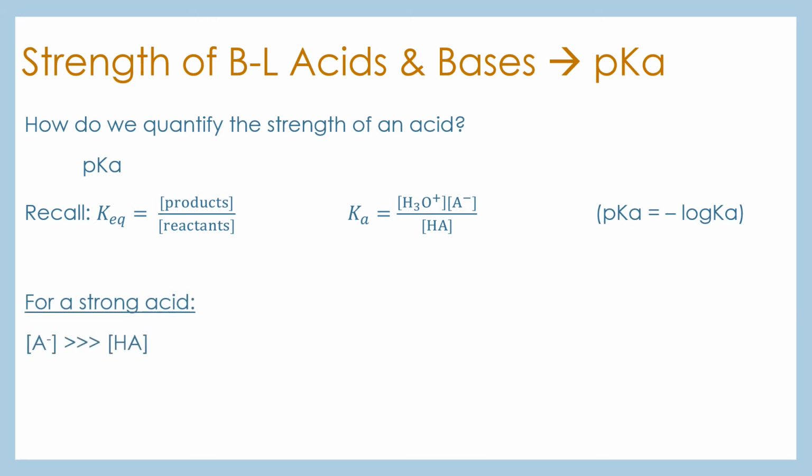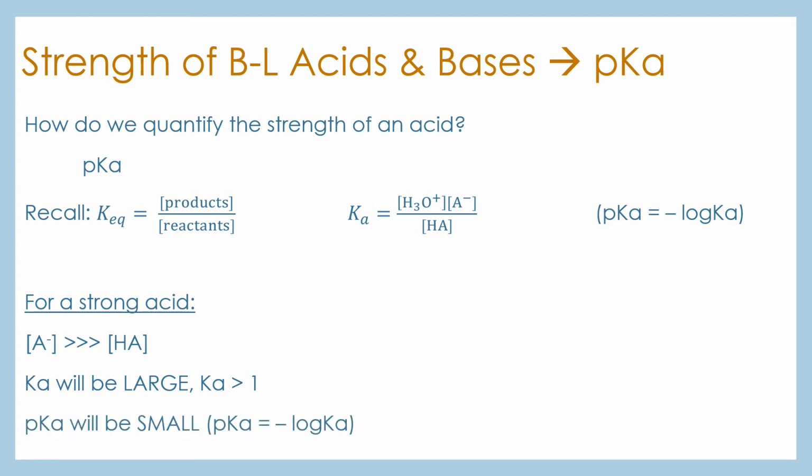So for a strong acid, the concentration of the conjugate base is much, much greater than whatever may remain of the acid itself. So Ka will be very large, much, much greater than 1. This means that the pKa will be small. If you have a calculator nearby, it might be worth looking at.